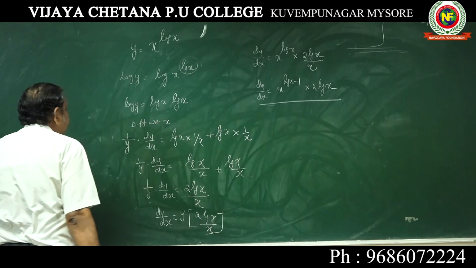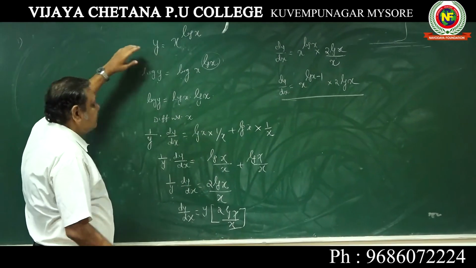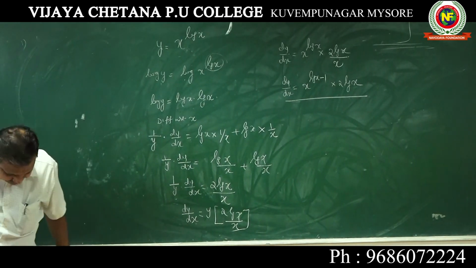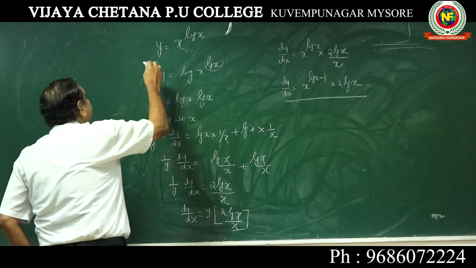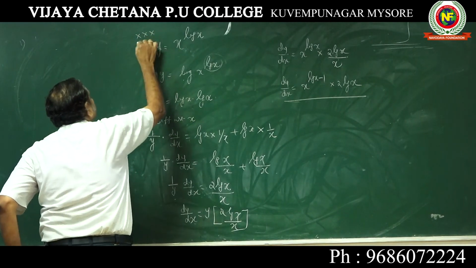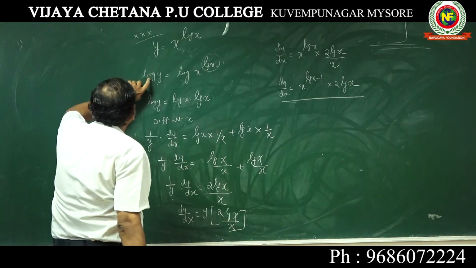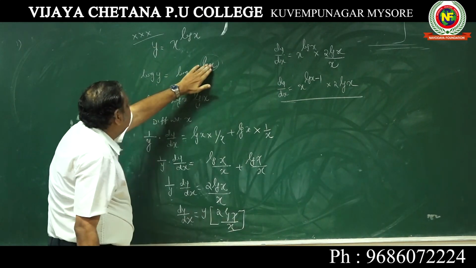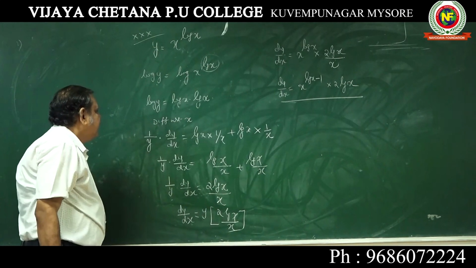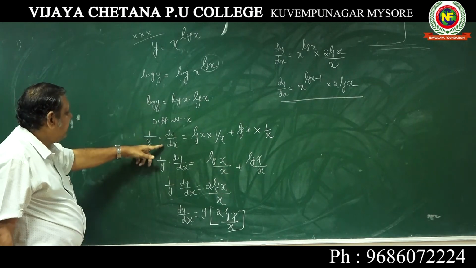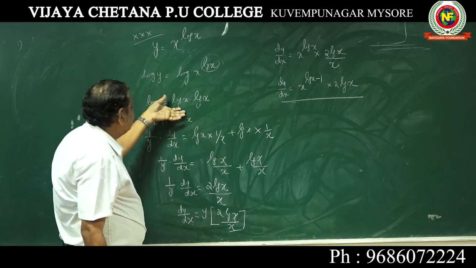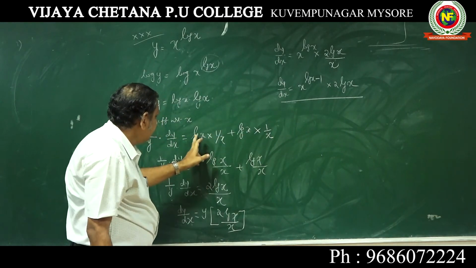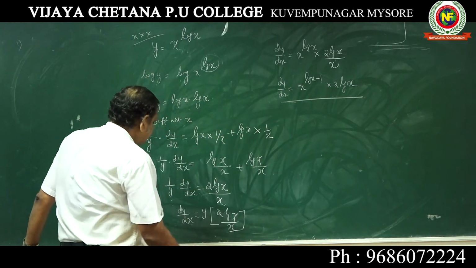So I will explain again. y is equal to x to the power of log x, this is an important problem. Taking logarithms on both sides, log y is equal to log x to the power of log x, so this log x will come by the side of it. When you are differentiating, 1 by y dy by dx, this is the uv rule: this into d by dx of this plus this into d by dx of this, but both are the same, a plus a, 2a.